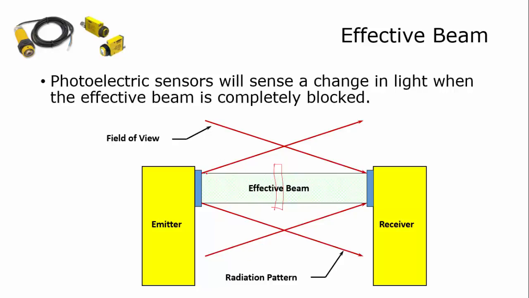But the effective beam is the beam of light that comes between the emitter and the receiver, and that beam has to be totally broken. If you only break this much of the beam, it's not going to sense. So again, the entire effective beam has to be blocked for a sensor to work.